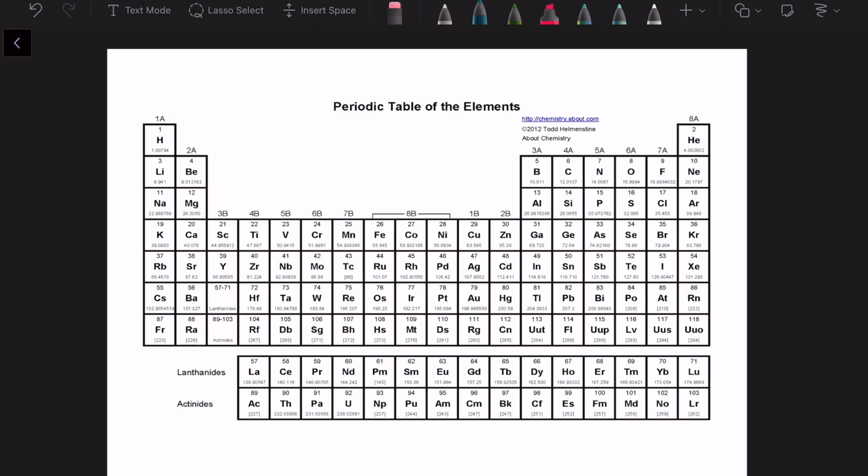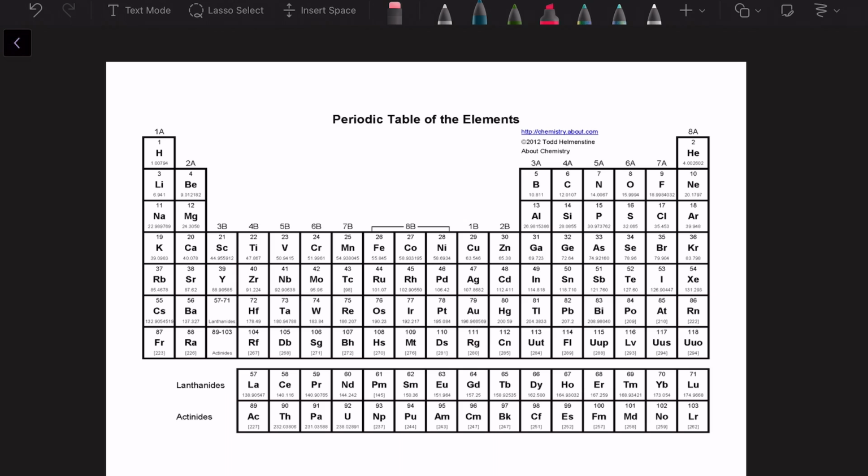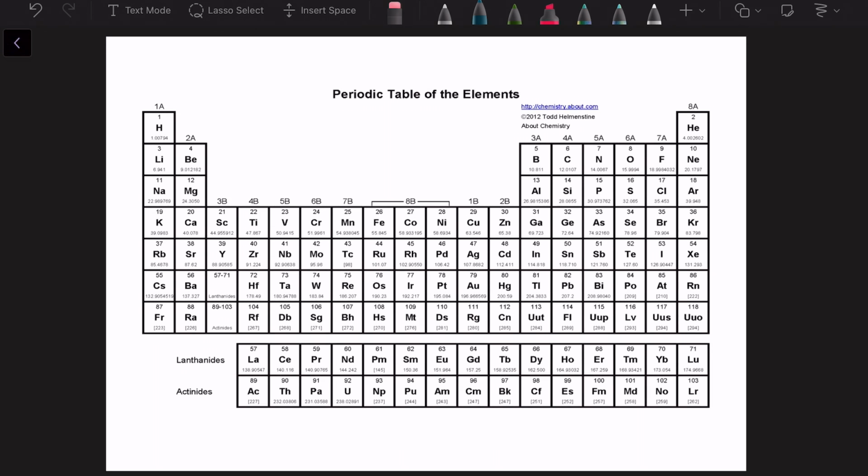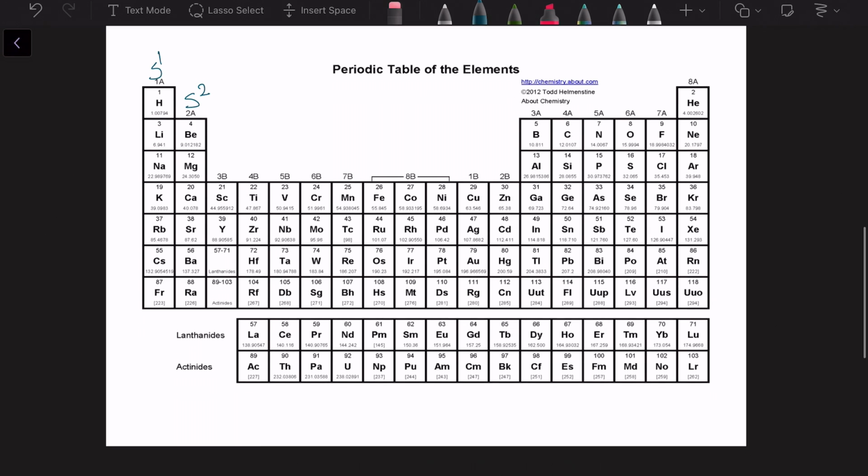So we said before that the alkali metals and the alkali earth metals are a part of the S block. So the first column would be S1, the second would be S2, then transition metals are a part of the D block. So that would be D1, D2, 3, 4, D5, D6, 7, 8, 9, and 10.